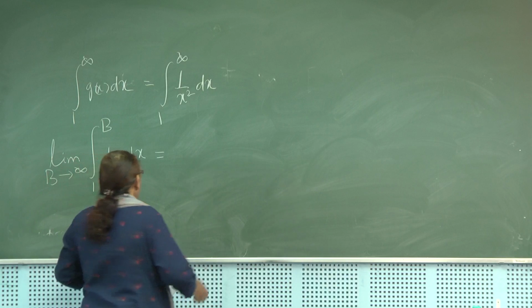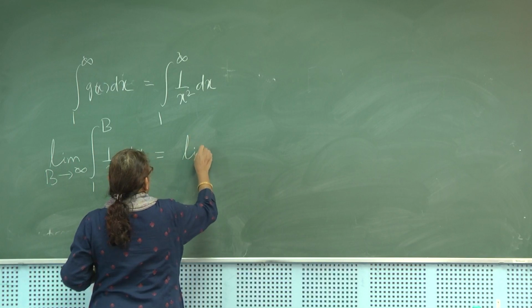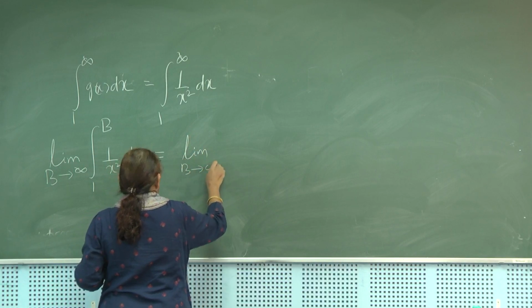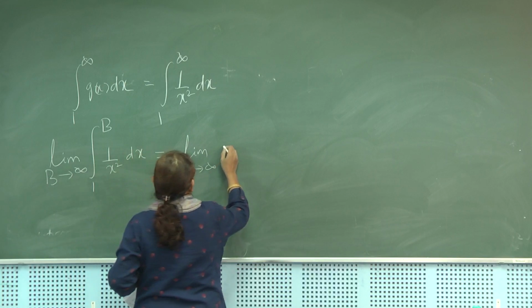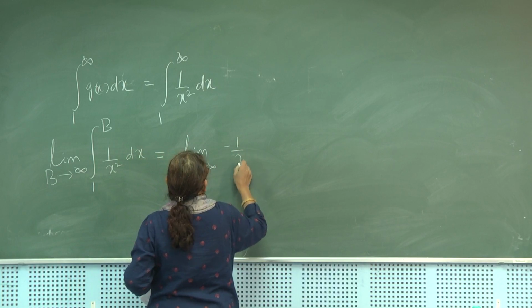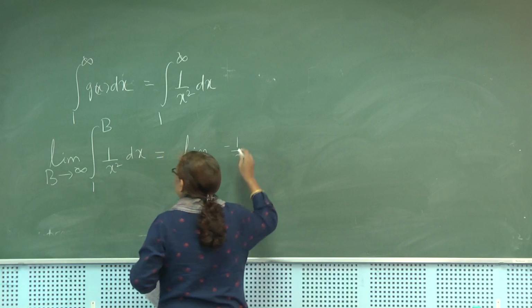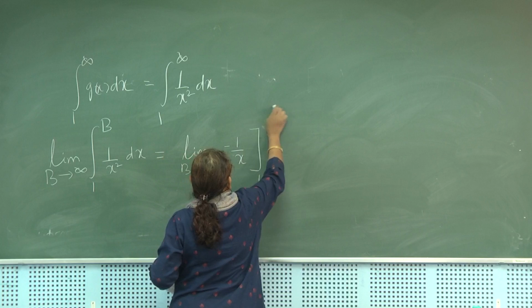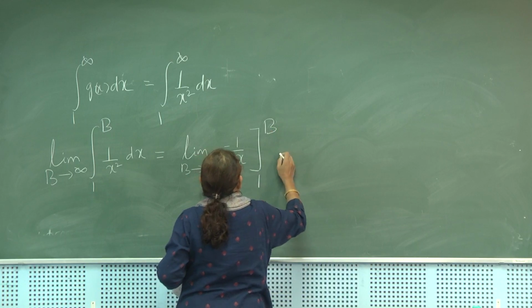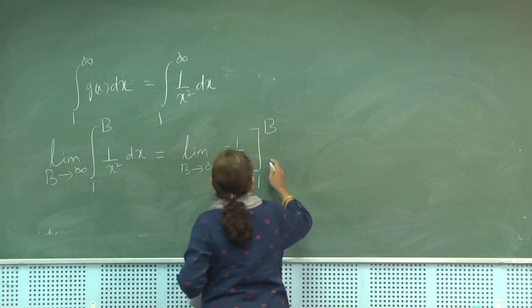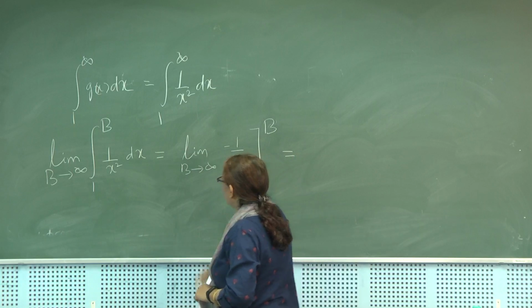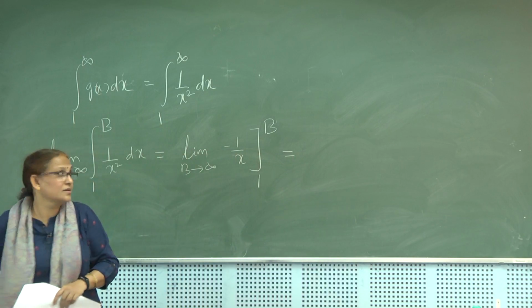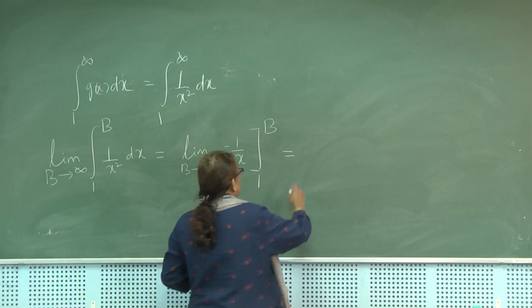You know that if you do that integration, it is minus 1 by x, in the range from 1 to b. After simplification and taking the limit b goes to infinity, we get this value equal to 1.